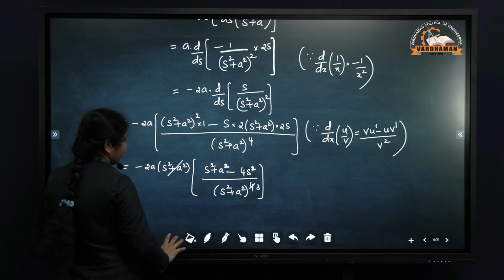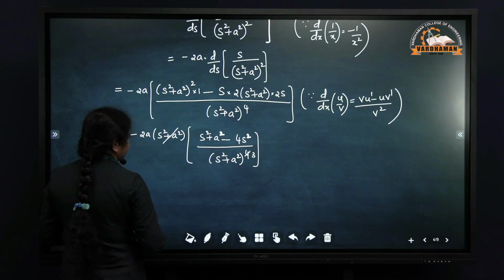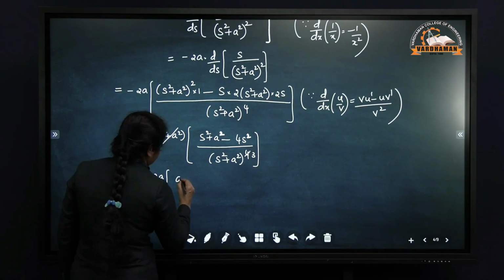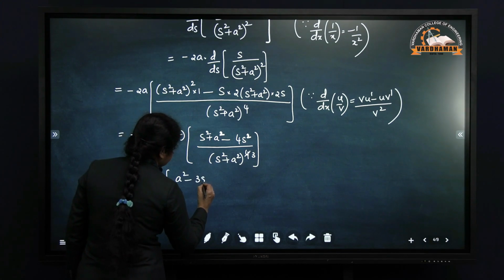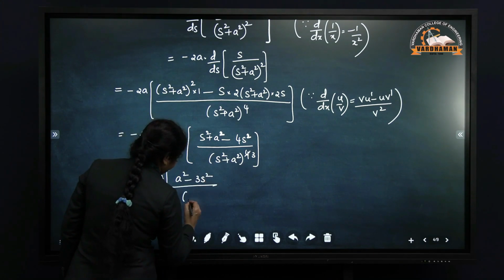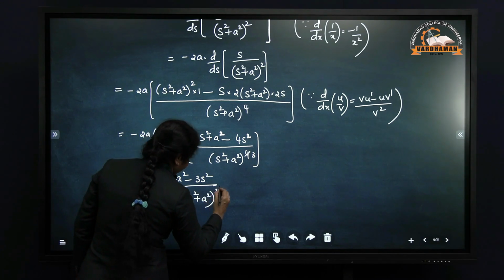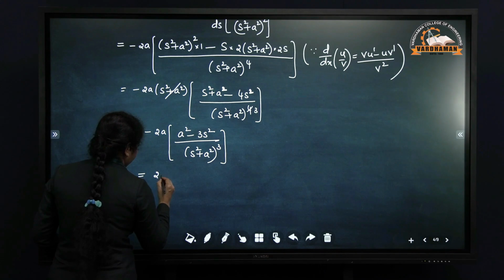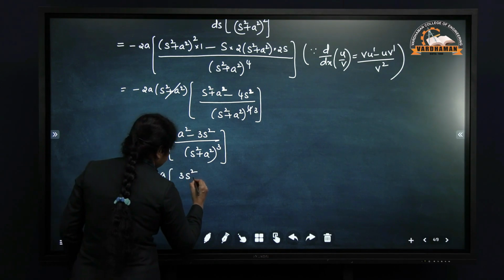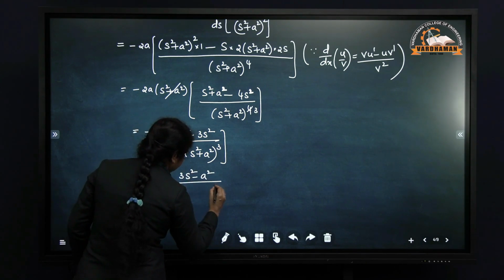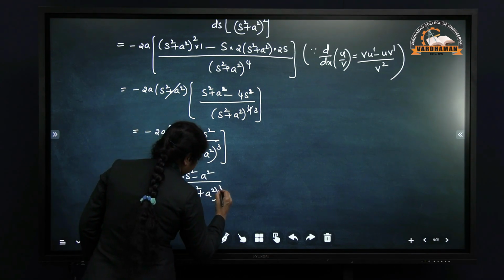The simplification of this expression gives minus 2a into a square minus 3s square by s square plus a square whole cube. And this is equal to 2a into 3s square minus a square by s square plus a square whole cube is the result.